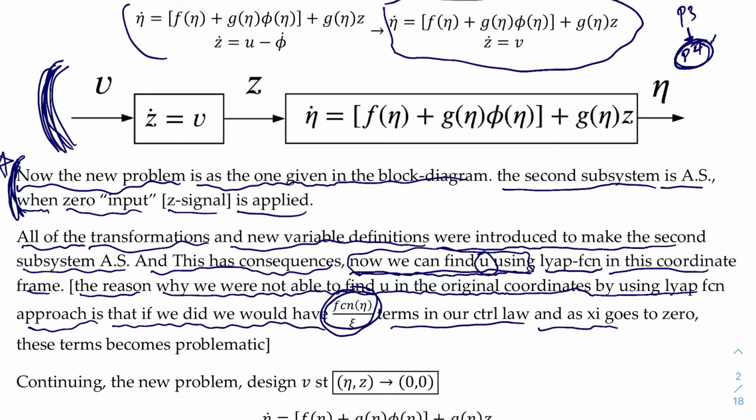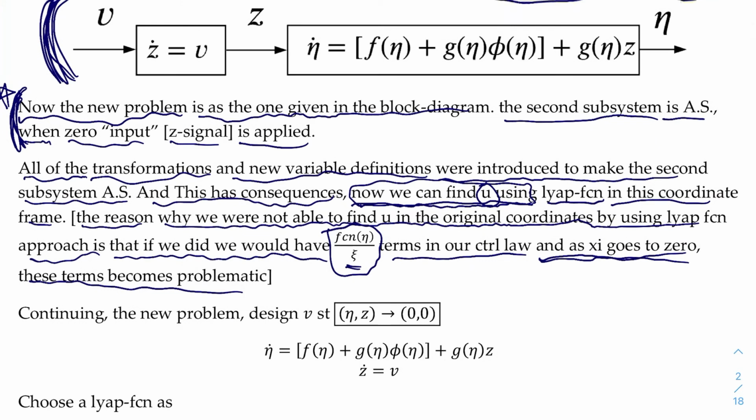And as xi goes to 0, these terms become problematic, meaning they will not converge to 0. All right, continuing. The new problem: design v such that eta and z go to 0.